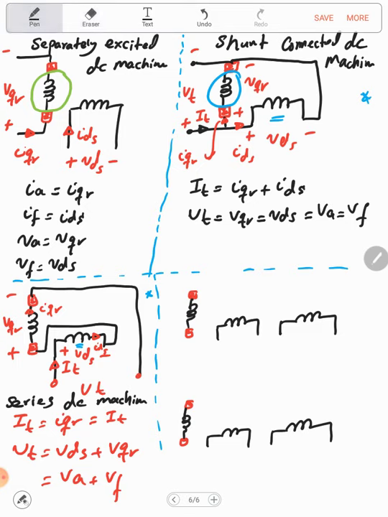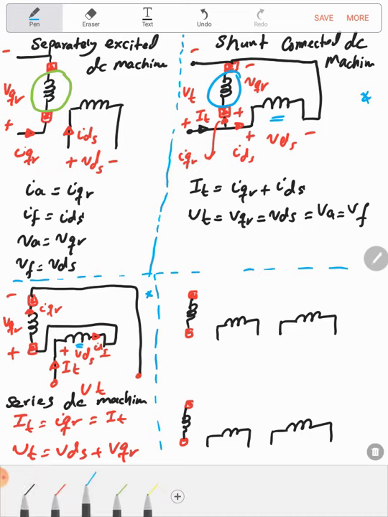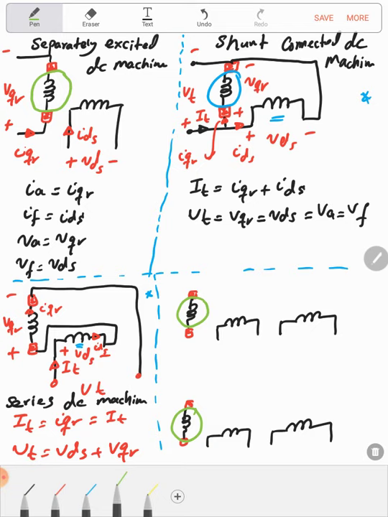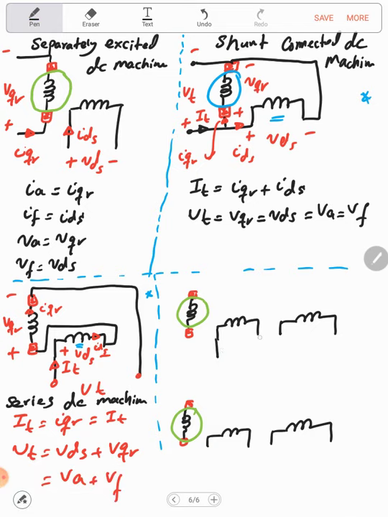So according to the connection, now let's do the first connection here, and this is the series. Let's assume the first one is the series.